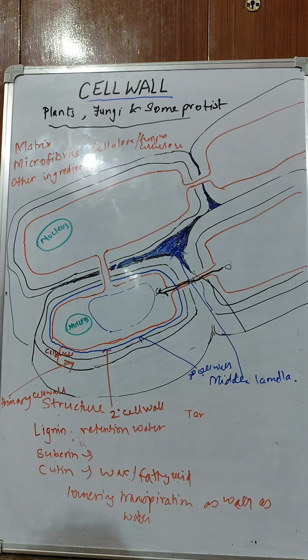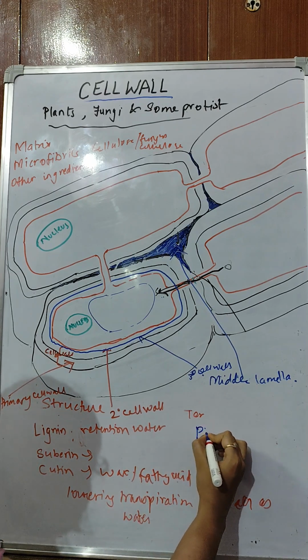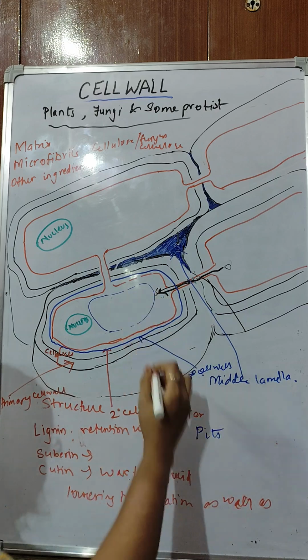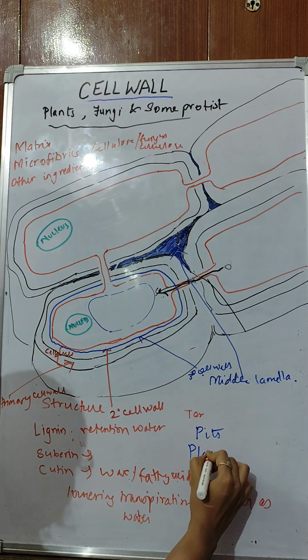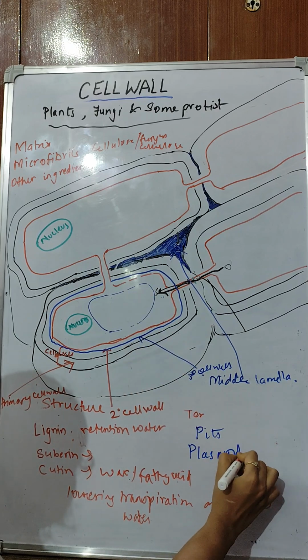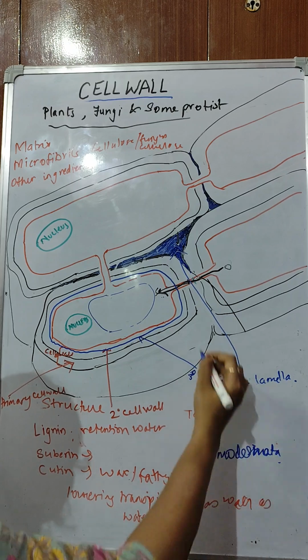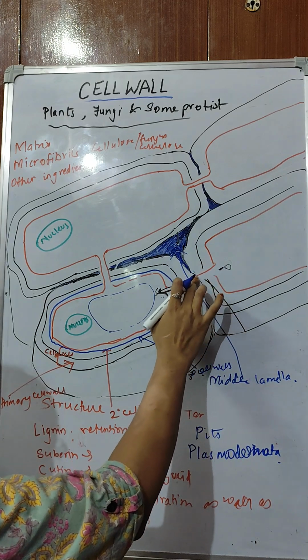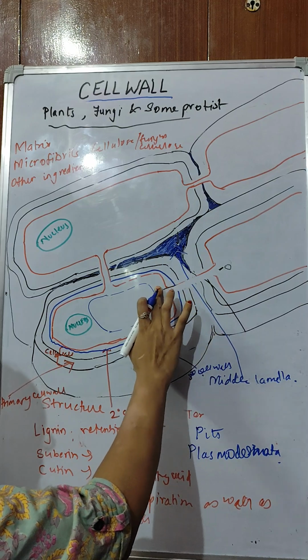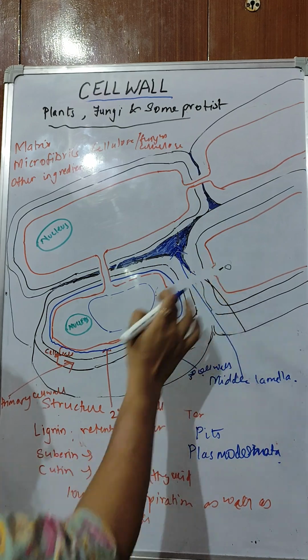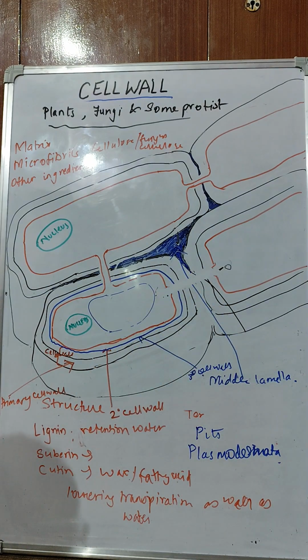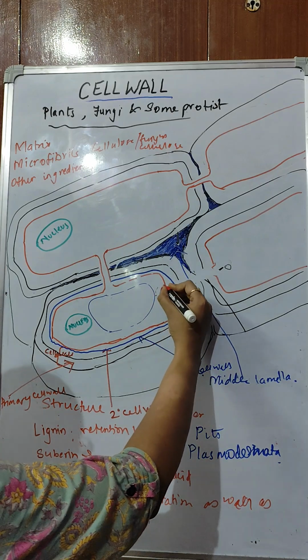Other than that, the cell wall also contains some pits and plasmodesmata. Plasmodesmata is a channel present between the cell walls. You can see this particular part. This is your plasmodesmata, and it is for symplastic transportation.